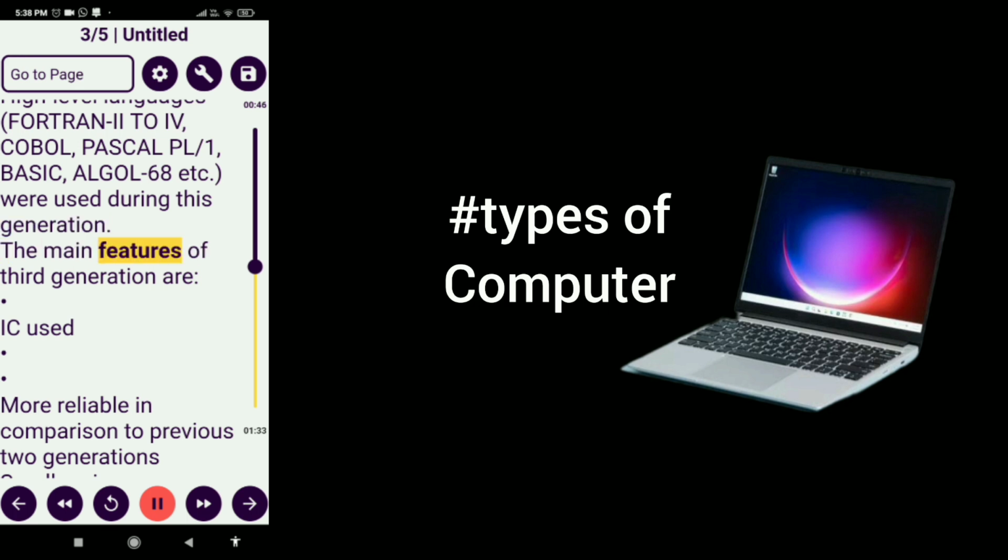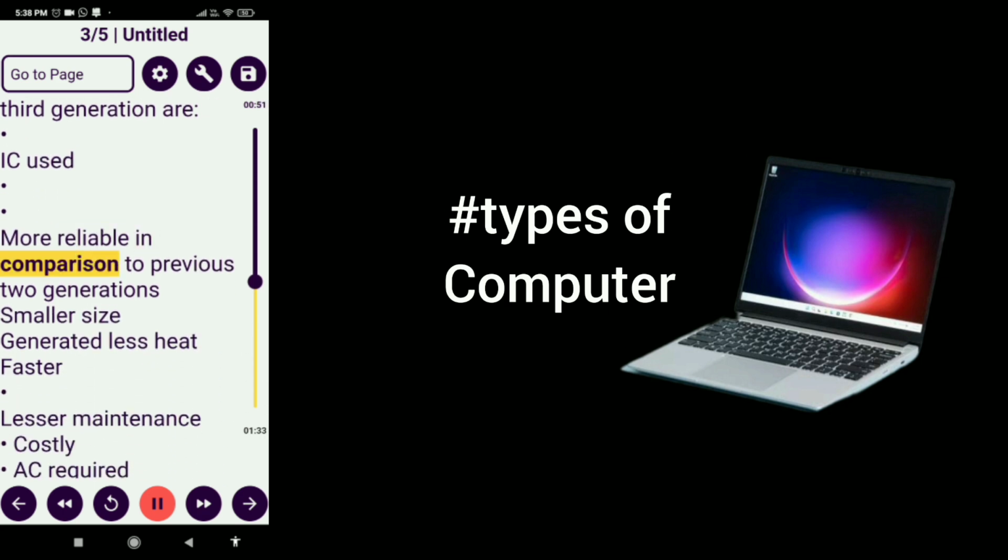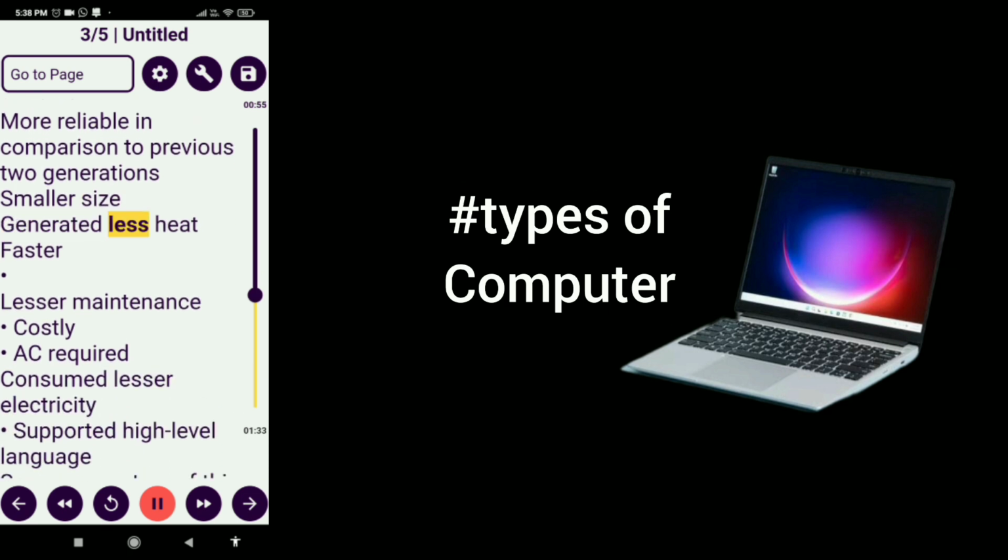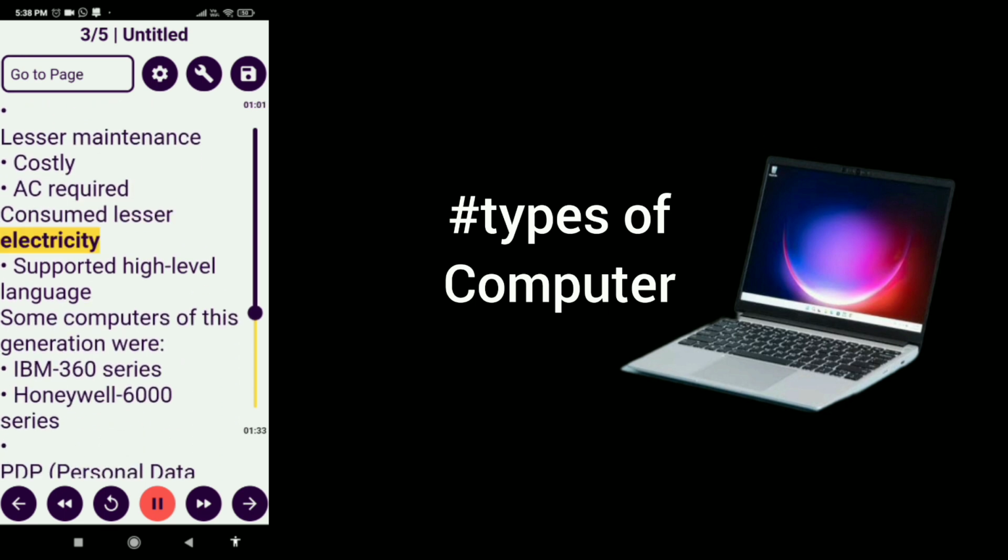The main features of third generation are: IC used, more reliable in comparison to previous 2 generations, smaller size, generated less heat, faster, lesser maintenance, costly, AC required, consumed lesser electricity, supported high-level language.